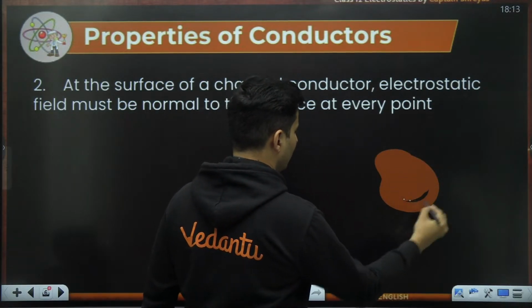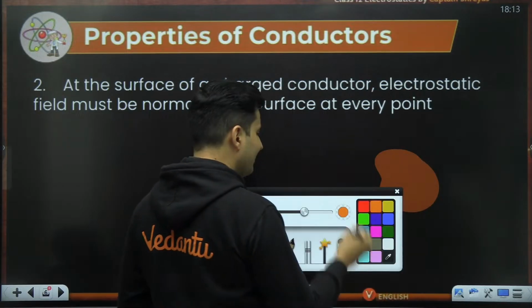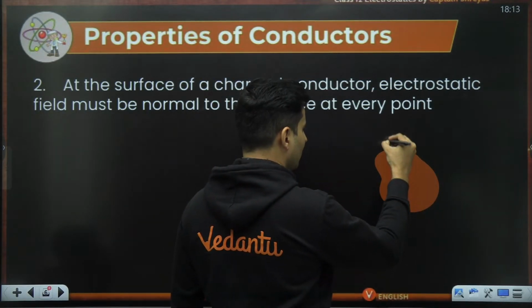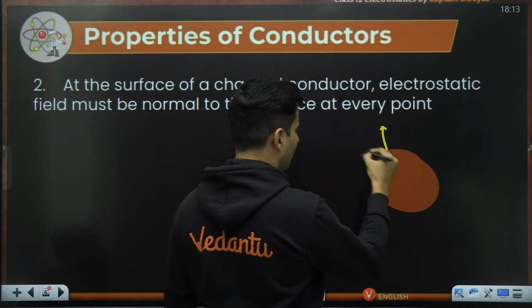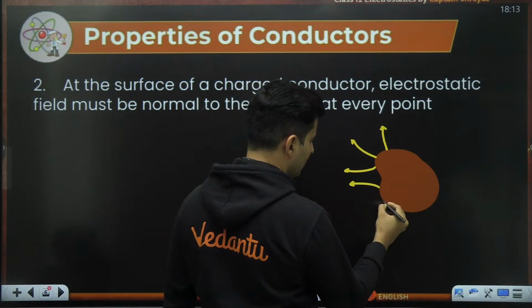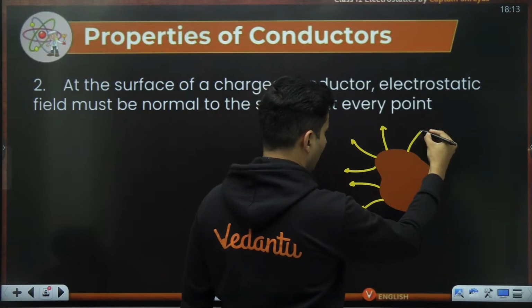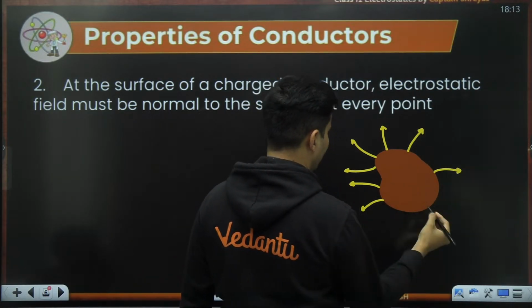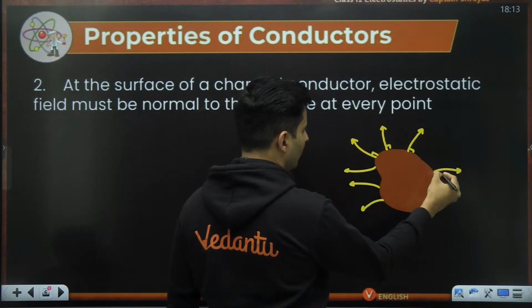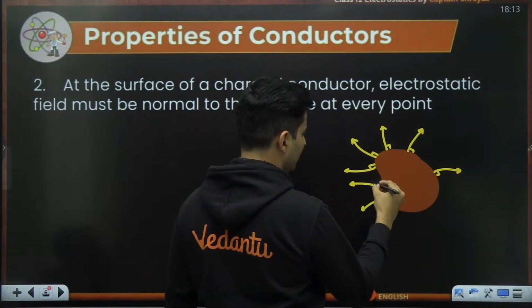If you have some electric field like this, or maybe like this, whatever, these electric fields are always going to be perpendicular to the surface.